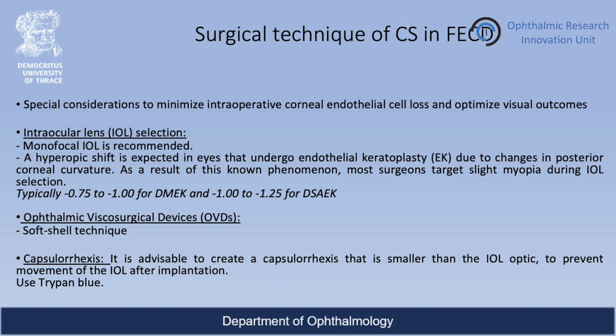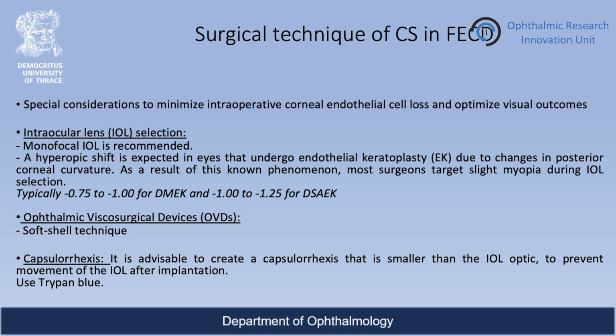As regards the surgical technique of cataract surgery in cases with Fuchs endothelial corneal dystrophy, special considerations should be taken to minimize intraoperative corneal endothelial cell loss and optimize visual outcomes. First, the intraocular lens should be selected with caution. The implantation of a monofocal intraocular lens is recommended.